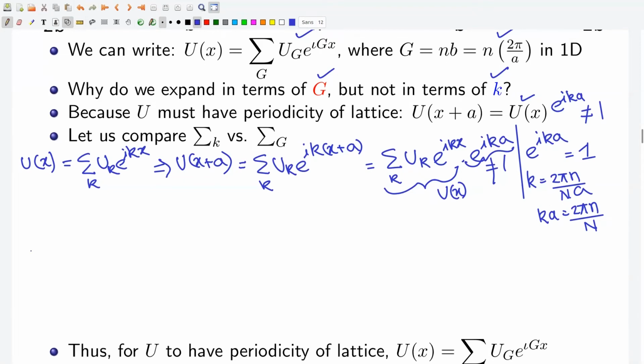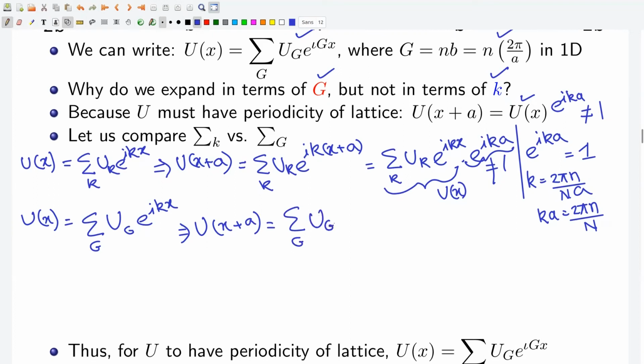Now, on the other hand, if we write u using g points, then we get u of x is equal to sum over g u of g e power i g x. Now we write u of x plus a is equal to sum over g u of g e power i g (x plus a).